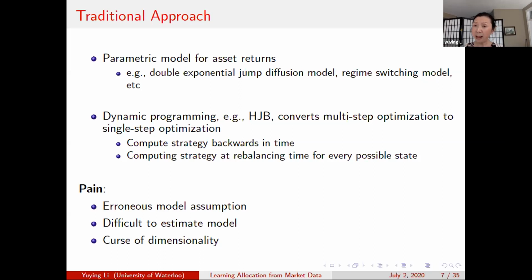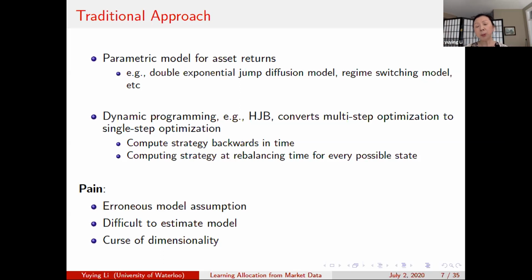I will step backwards in time, one period at a time, to determine the optimal decision at every rebalancing time, right? And so if my colleague is a PDE expert, he would use the dynamic programming principle and convert this multi-stage optimal control problem into an HJB equation. And then he will solve it backwards in time and get the optimal allocation strategy.